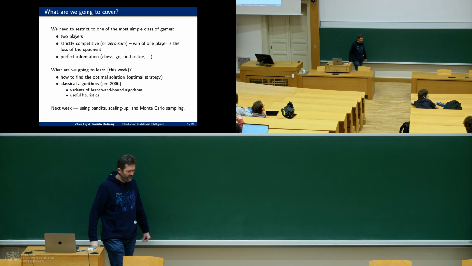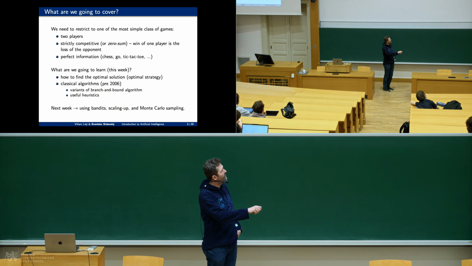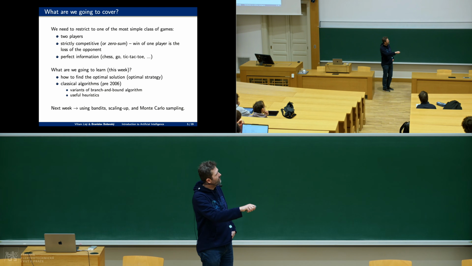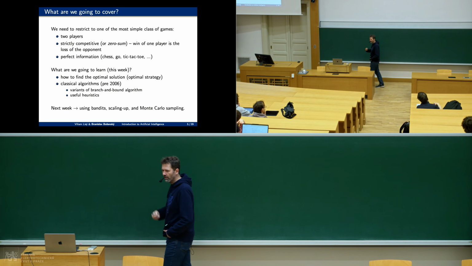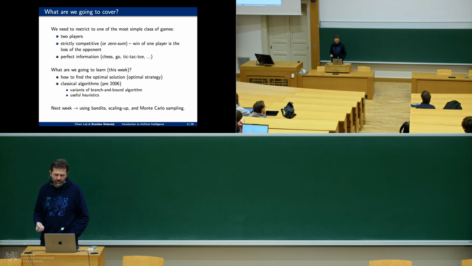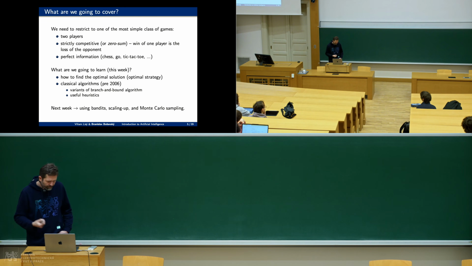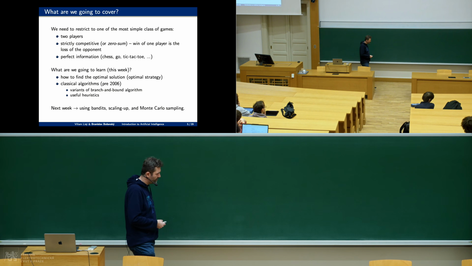This is what we will cover next week. And ultimately, nowadays, modern game playing algorithms, even for this class of games, are based on Monte Carlo sampling, Monte Carlo tree search, and algorithms like UCB and UCT and so on. So this is the current version of the algorithms.